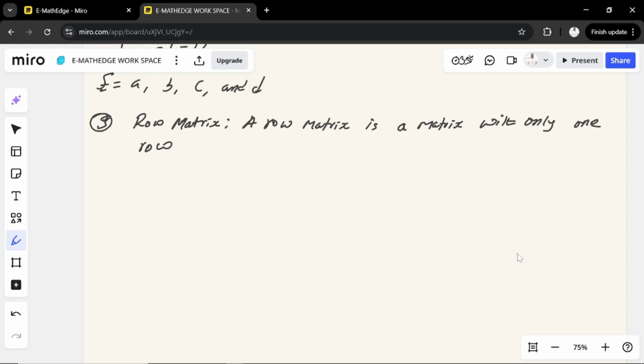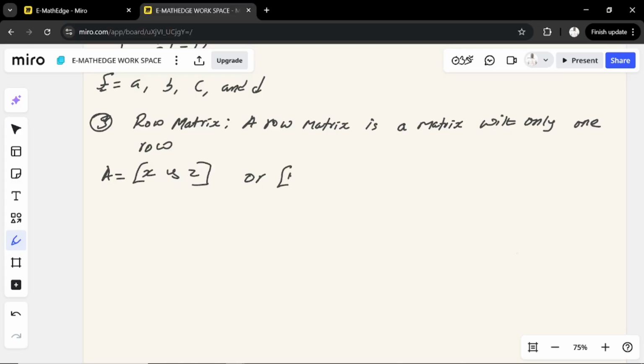Now, we know what a row is, right? From left to right, X, Y, and Z, enclosed in a square bracket. Now, this is a row matrix. Matrix A is a row matrix. Why? Because it has only one row. It has no column. For that reason, it is called a row matrix.